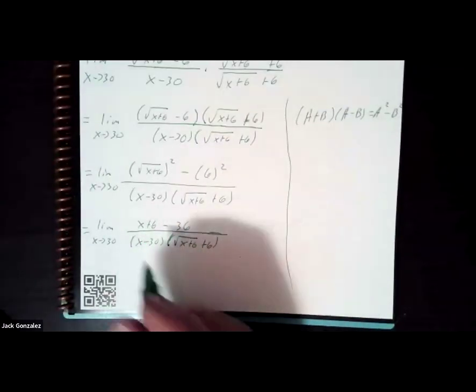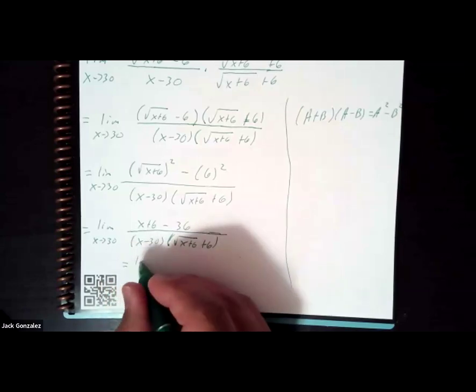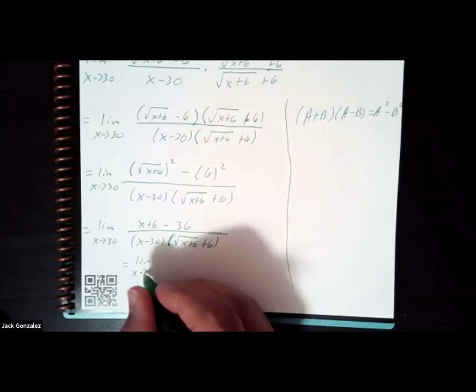What's 6 minus 36? -30. Yeah, it looks like we got what we wanted, right?